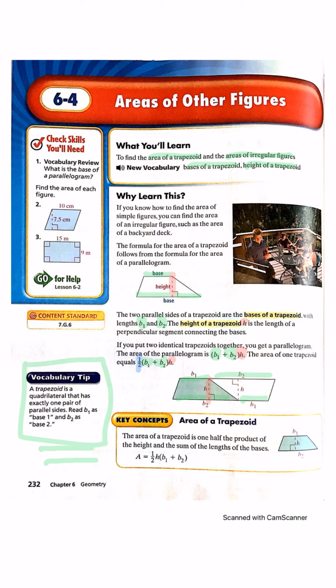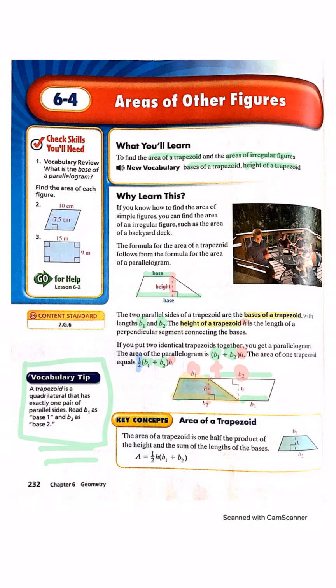If we multiply the height times the base 1 plus base 2, it's going to give us the area for this entire figure. But we really only want to know the area for half of it, which is the trapezoid that we're looking for.